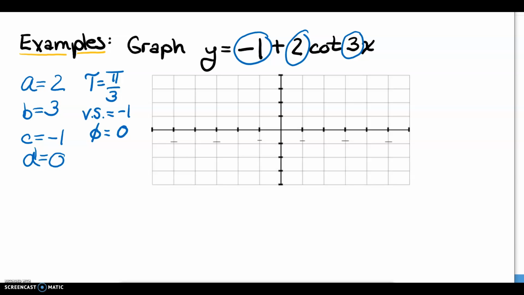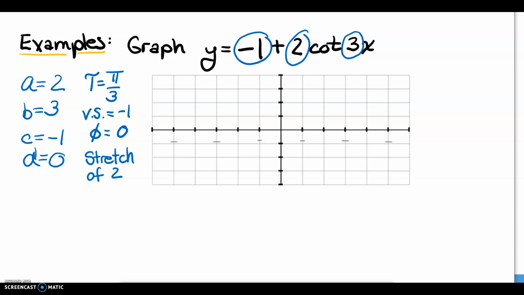While this is not an amplitude, amplitude talks about the distance from your resting position to your maximum and your minimum points. This has no amplitude because it goes up and down to positive infinity and negative infinity. But we do have a stretch by a factor of 2.